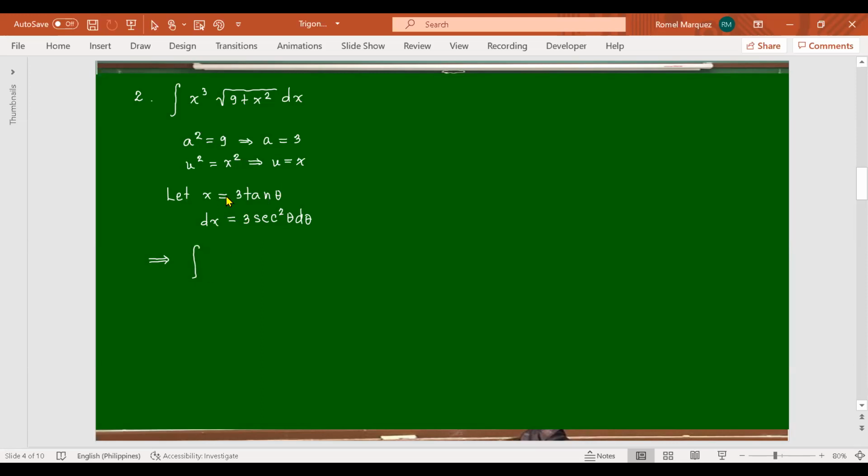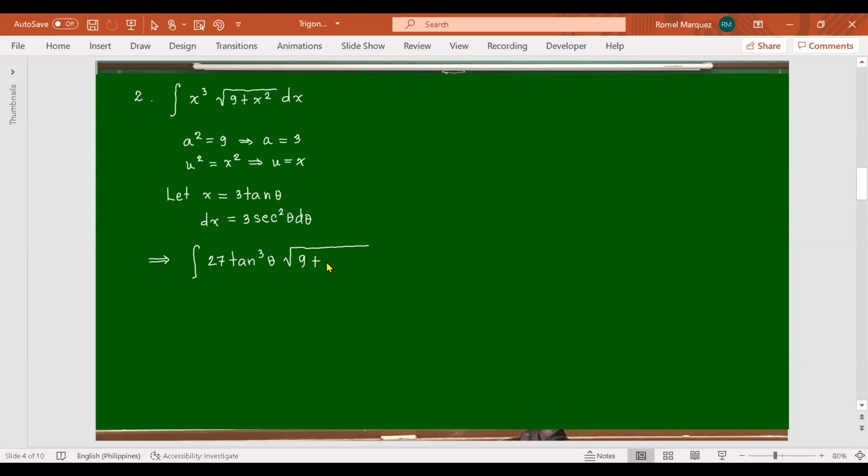So we have the integral of x cubed. So x cubed is equal to 27 tangent cubed. We have to cube this 3 tangent theta. So again, that is 27 tangent cubed times the square root of, what about this 9 plus x squared? That is 9 plus, so here we have the square of x.